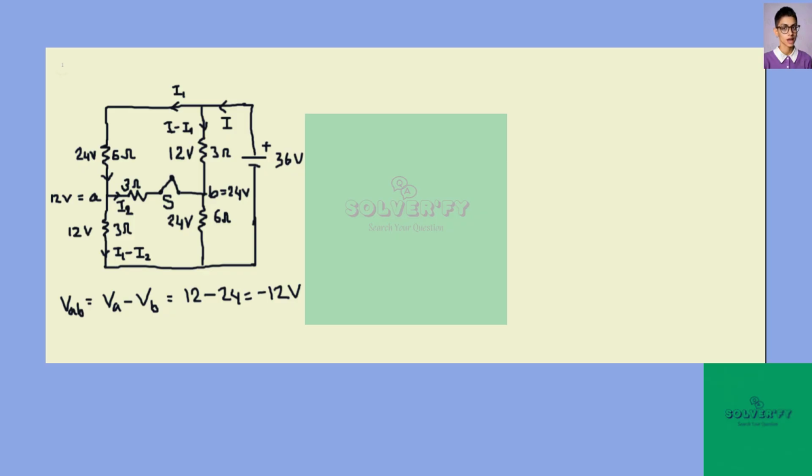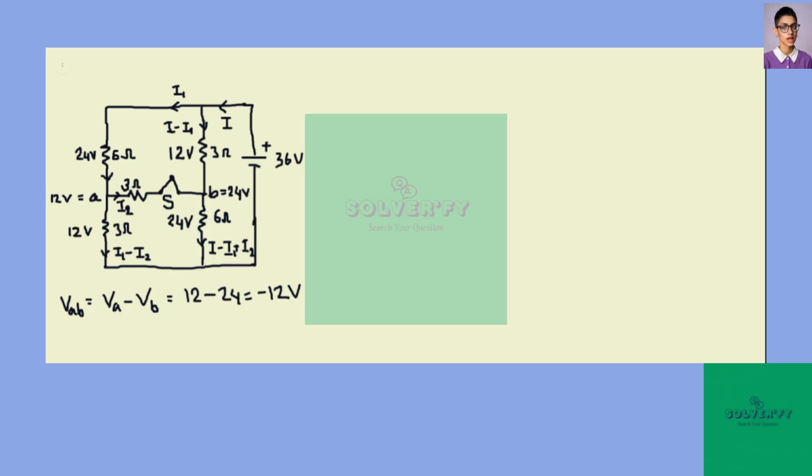And since I2 gets here and I minus I1 gets here, these two, I minus I1 and I2, combine to give the current across the 6 ohm. So this should be how much? I minus I1 plus I2. Okay, so we have written all the currents flowing through the circuit.